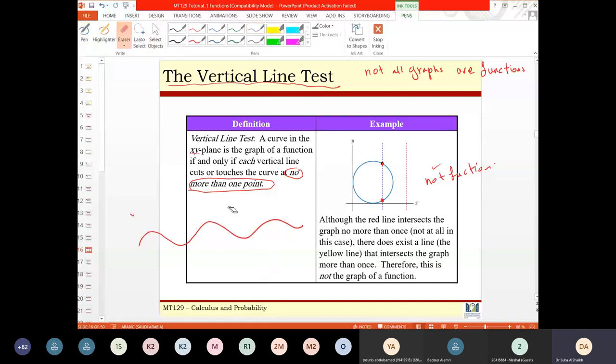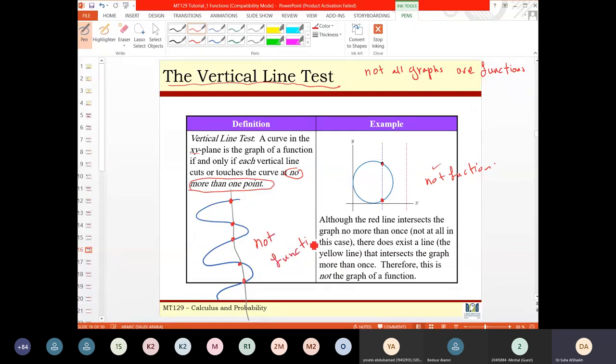Now, let me give you one more example. If I give you this, is it a function? No. This line, for example, is cutting here, here, here, here, and here. So this one is not a function.